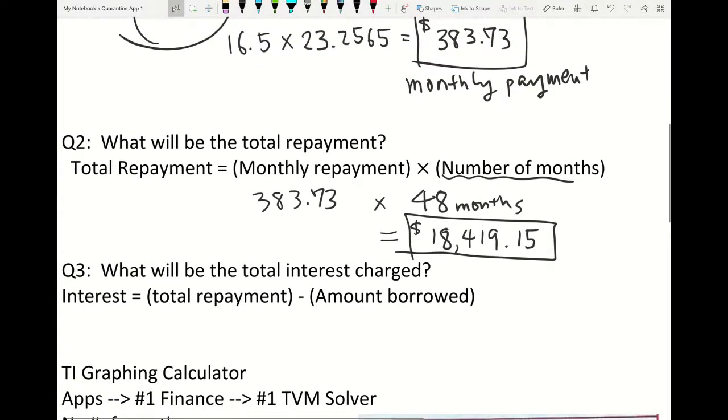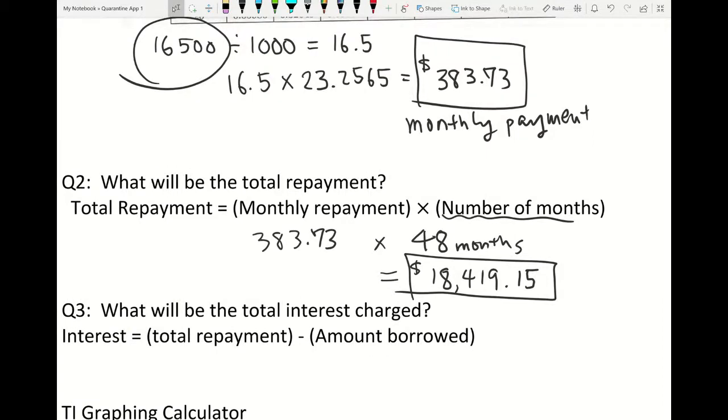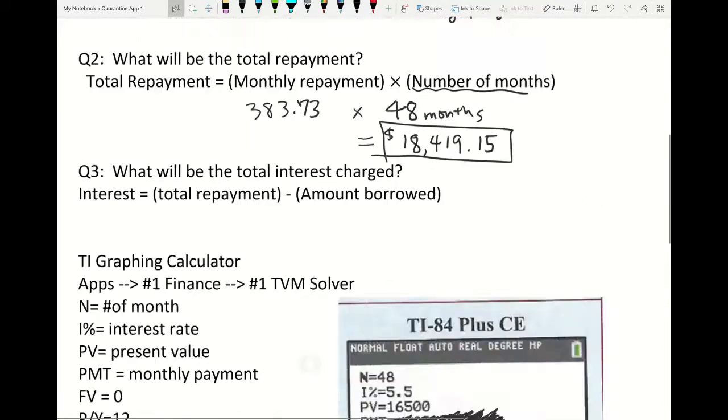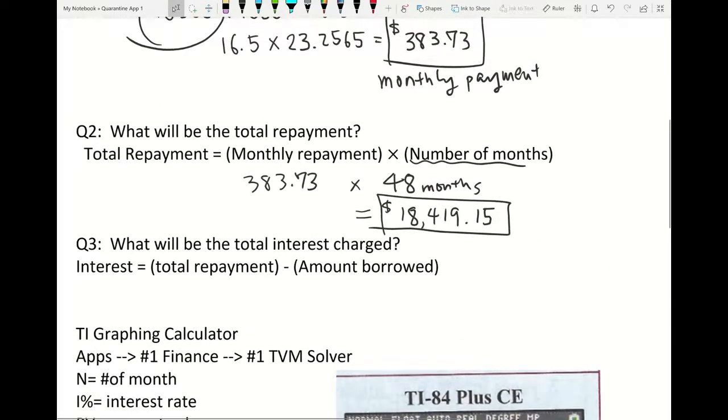So the last question is, what will be the total interest charged? In other words, how much extra money are you paying to borrow this money? Well, all you need to do is just find the difference.